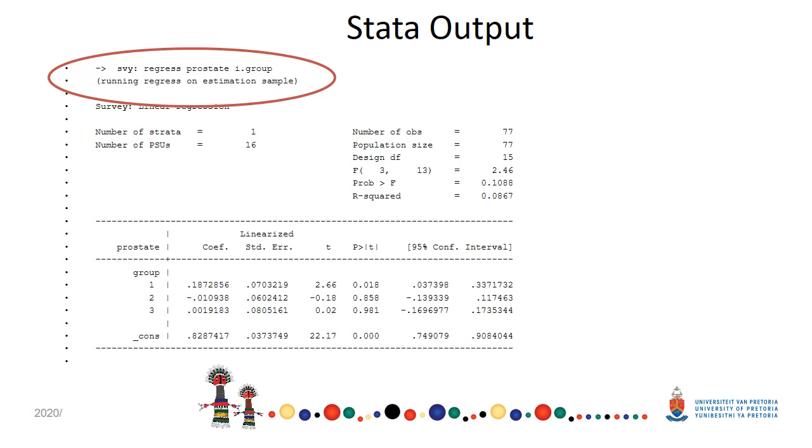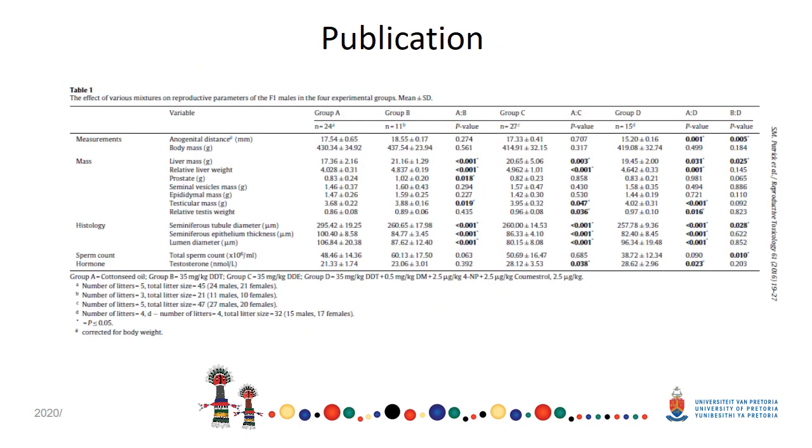Now that we have this information, we'll look on the next slide how we translated this into a publication format. Here you see a table. This is a table that was used in the publication format.